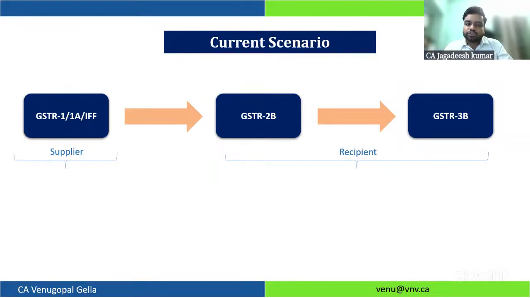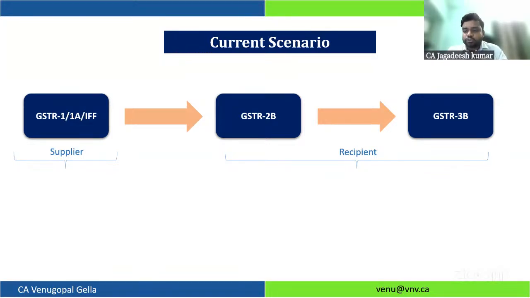If my supplier has not filed GSTR-1 on or before the 11th, say he filed on the 13th or 14th, those invoices will reflect in the recipient's 2B in the next month. If he has filed on time, those invoices will be reflected in the 2B, and from 2B they get auto-populated in the recipient's GSTR-3B.